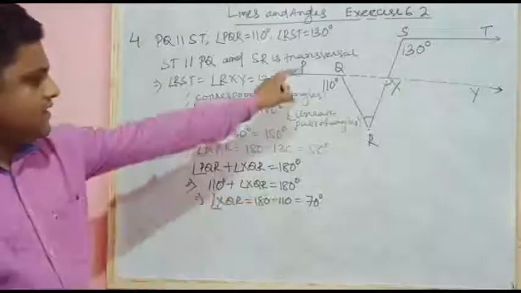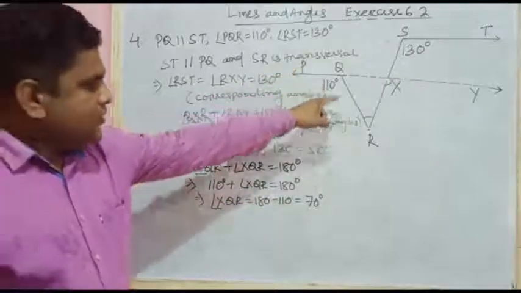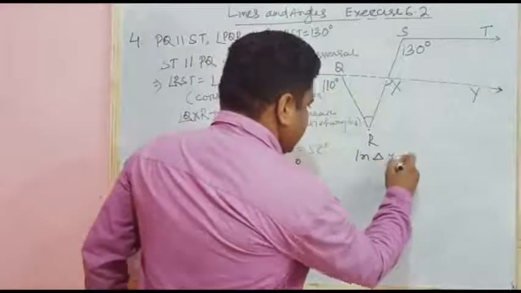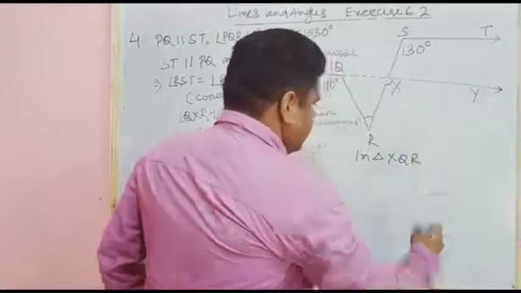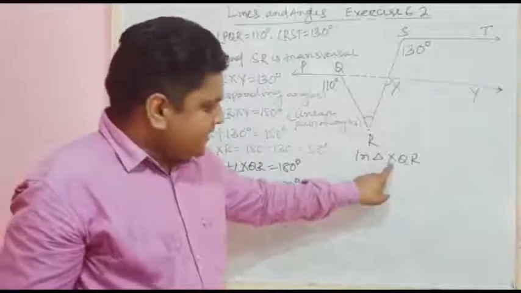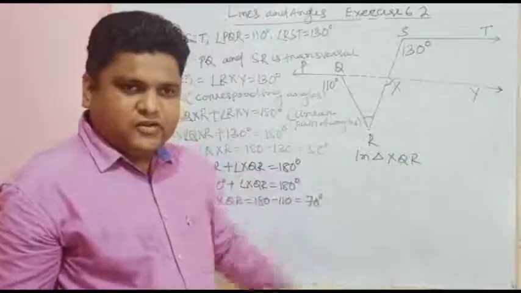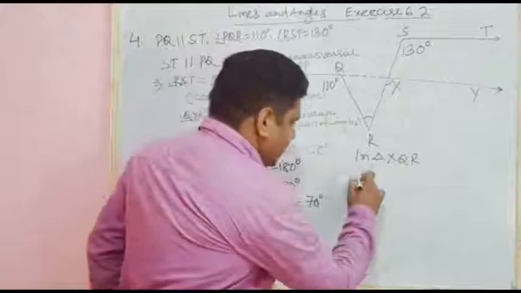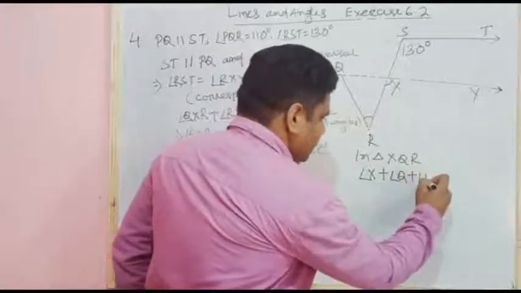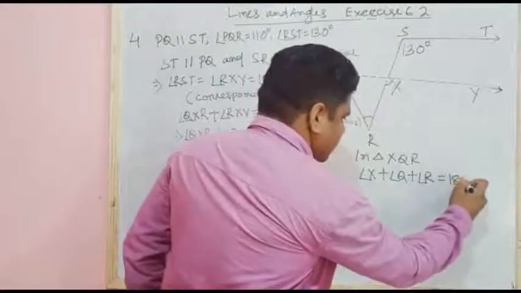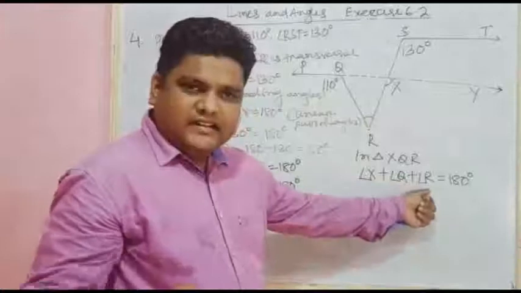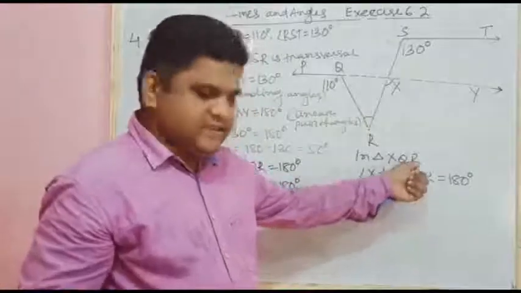Now in triangle XQR, let's write, in triangle XQR, we have taken a triangle XQR, so in short we can write angle X plus angle Q plus angle R is equal to 180 degrees, because X, Q and R are the interior angles of triangle XQR.